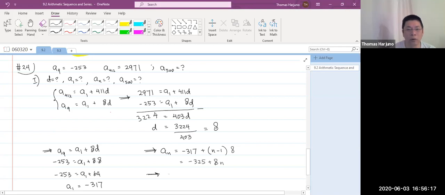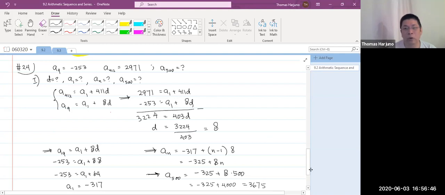Going on further, the 500th term will be negative 325 plus 8 times 500, 4,000. That would be 3,675.